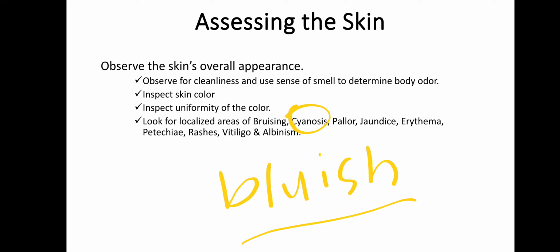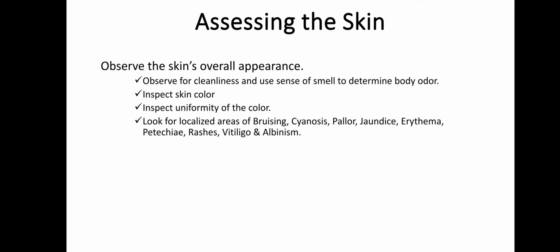It is mostly evident sa ating nails or nail beds, sa ating lips or buccal mucosa. So, in dark colored skin ng mga patient or dark skin clients, close inspection of the palpebral conjunctiva or the lining of the eyelids and palms and soles may also show evidence of cyanosis.